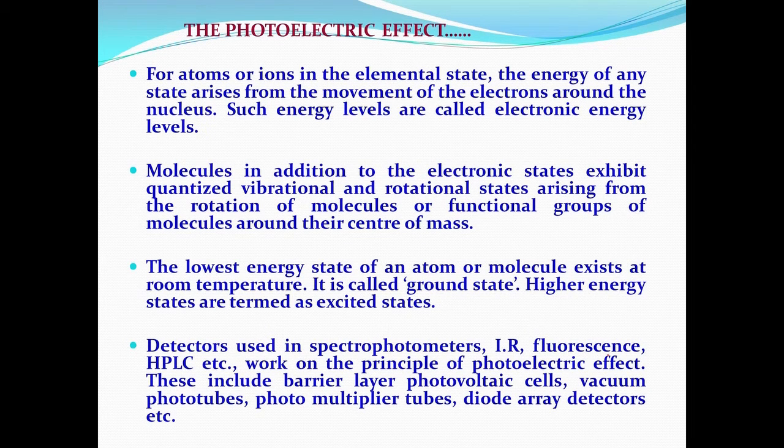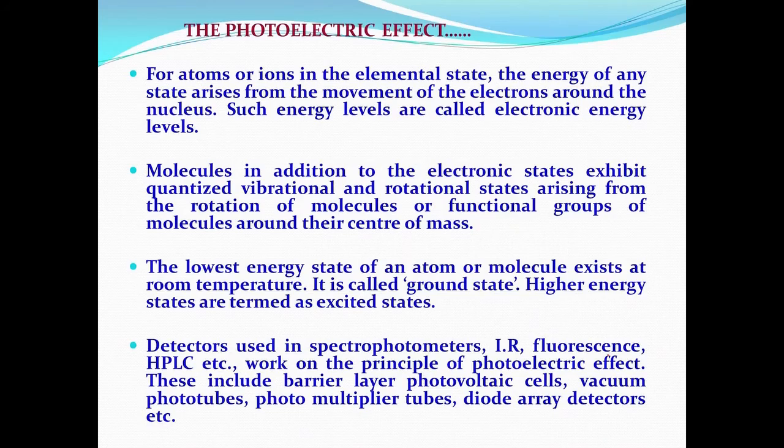So, we always said the electromagnetic radiation can always be measured using the photoelectric effect. That gives us a tool to determine the effect of electromagnetic radiation on matter in which it interacts.